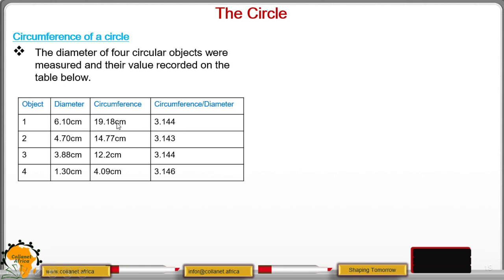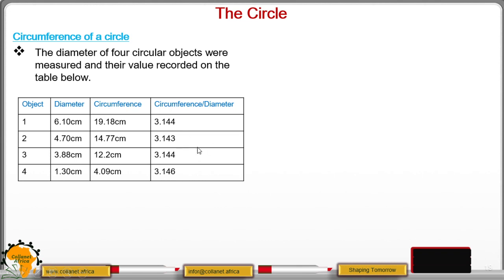That is, the circumference 19.18 divided by the diameter, which is 6.18. Then in the second one, you have 14.77 divided by 4.70. When you do that for all these values, you find that the last column is almost the same: 3.144, 3.143, 3.144, 3.146.